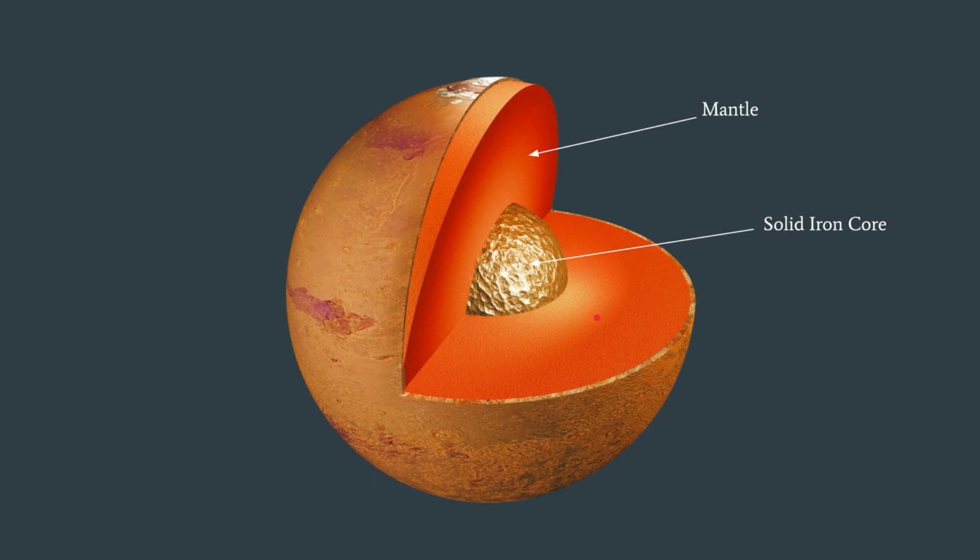And now we'll look at Mars's core. We discussed earlier that the liquid part is vital to having a magnetic field. When we look at Mars, it contains the mantle, the crust, and the solid iron core in the middle.